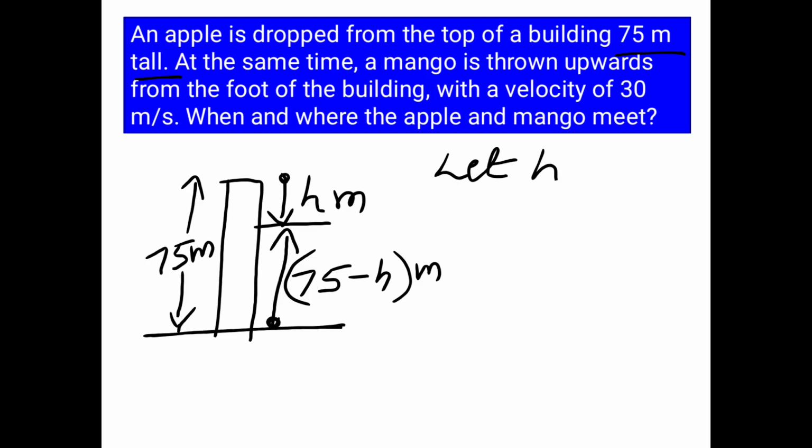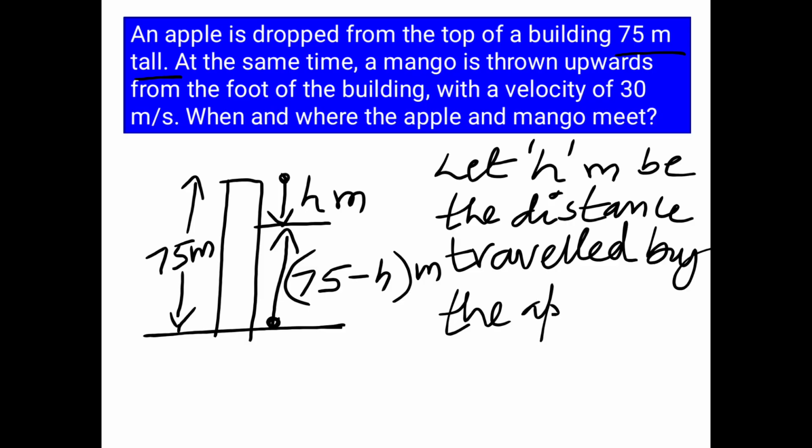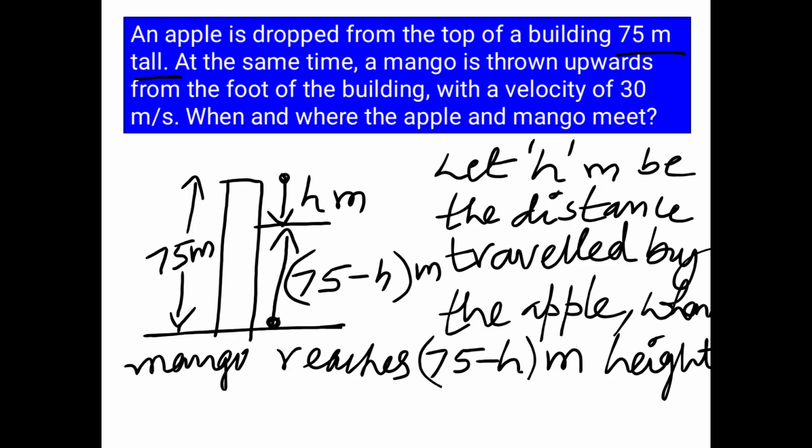Let h meter be the distance traveled by the apple when the mango reaches 75 minus h meters height. Okay, this is what we have assumed.